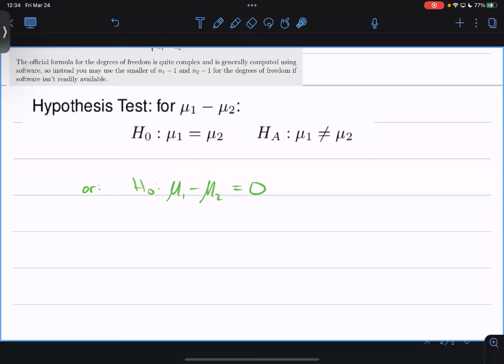So if you prefer to use it this way, that's totally fine, because your hypothesis is technically about mu1 minus mu2. But just like proportions, we're never going to talk about something that's not 0 for the difference. It's so rare that we would care about that. So mu1 minus mu2 not equal to 0 is the default. But you can have greater than.